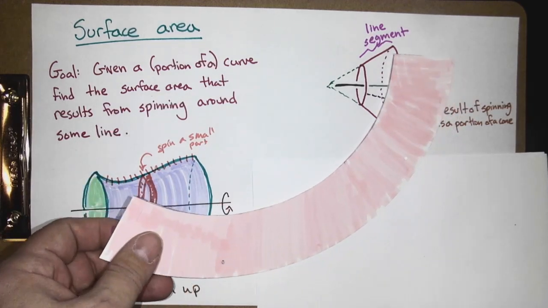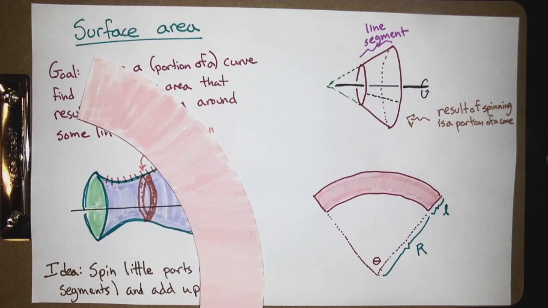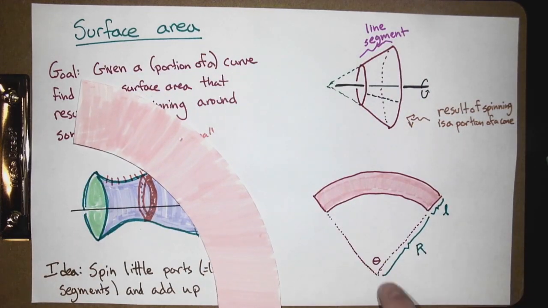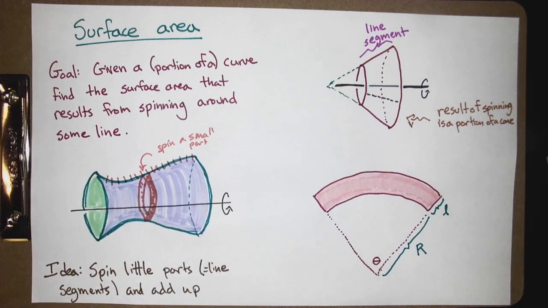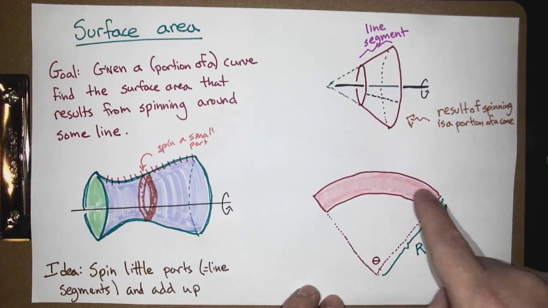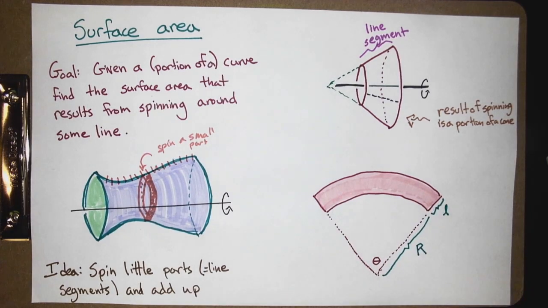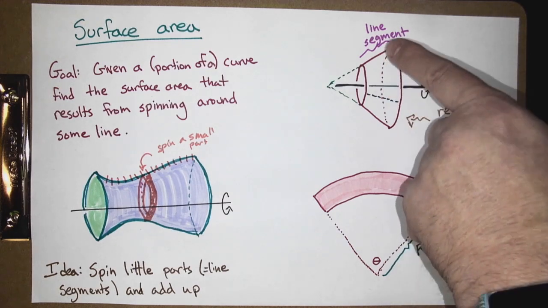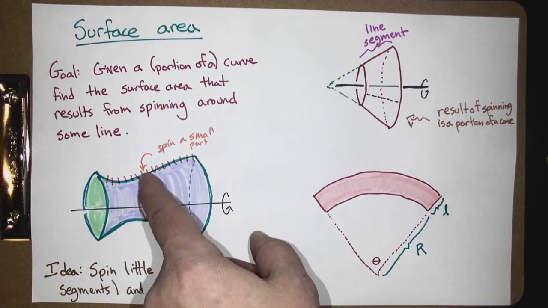And in general, you're going to have what you see here, which is a wedge. So it's a piece of a circle. So what are we after? We're after trying to understand what is this shaded area at the top. That will tell us how to figure out the area that came from spinning. So in other words, what we're after here.